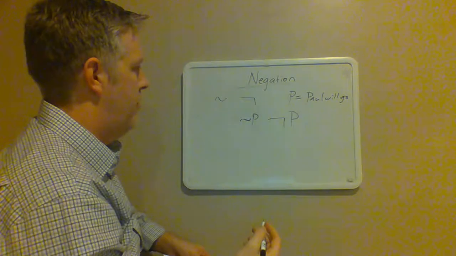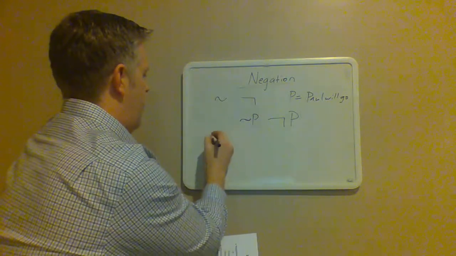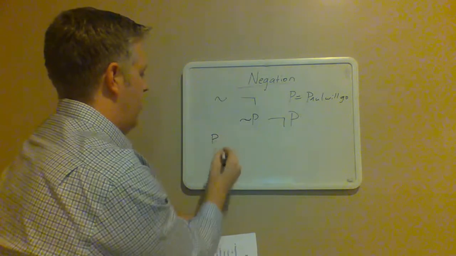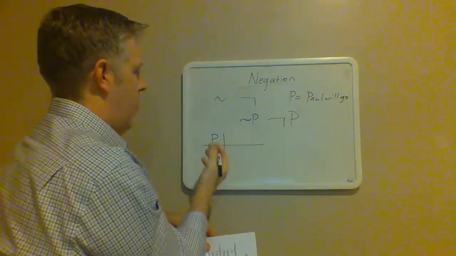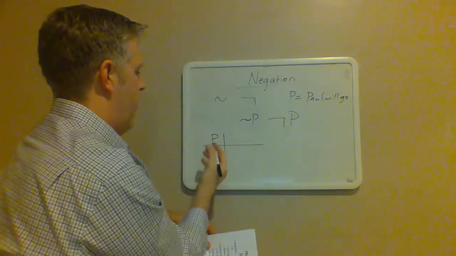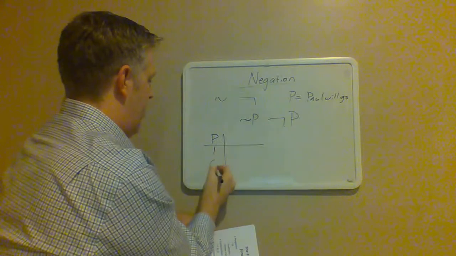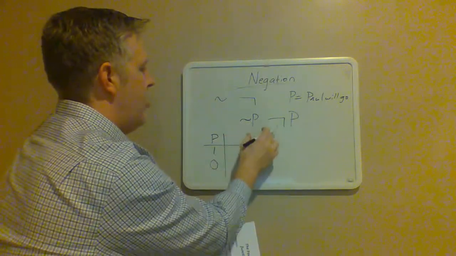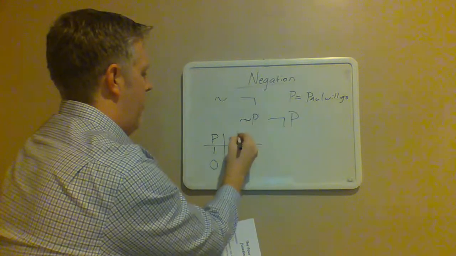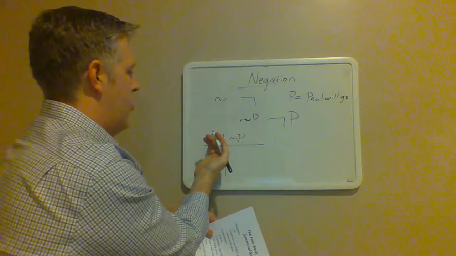Now, the truth table involved is very simple here. If we are just dealing with one claim variable, we would only have two possibilities. Either the basic claim is true, Paul goes is true, or it's false, Paul goes is false, right? And the truth value of the negation is always just going to be the opposite of whatever the original claim was.